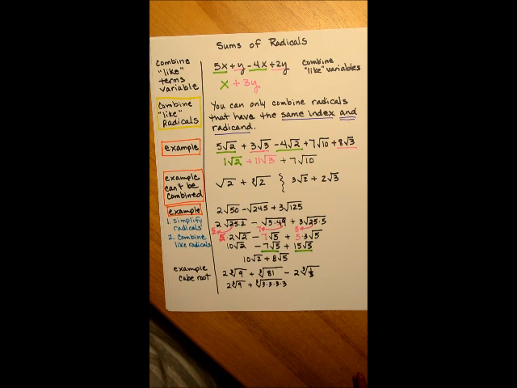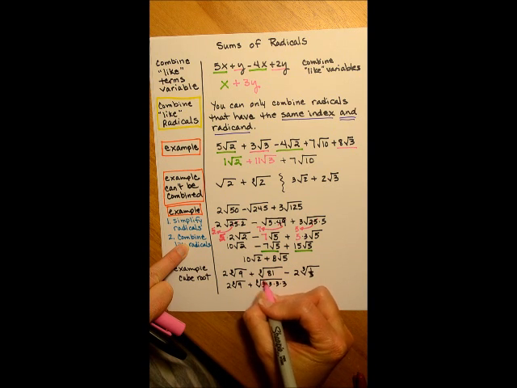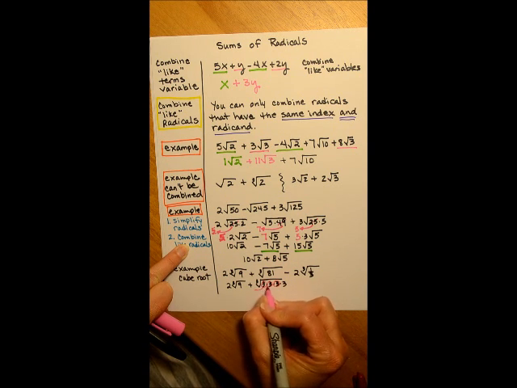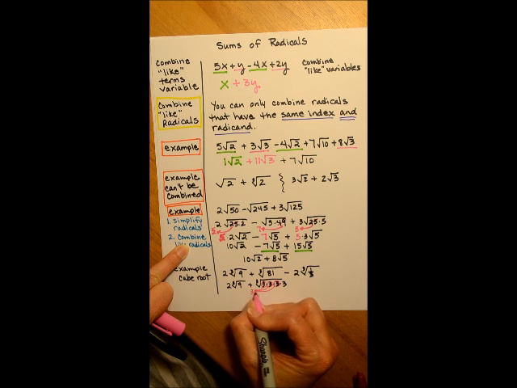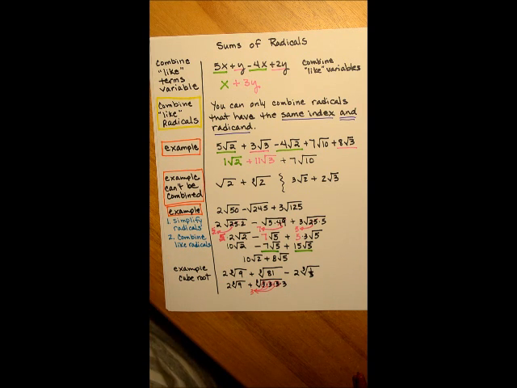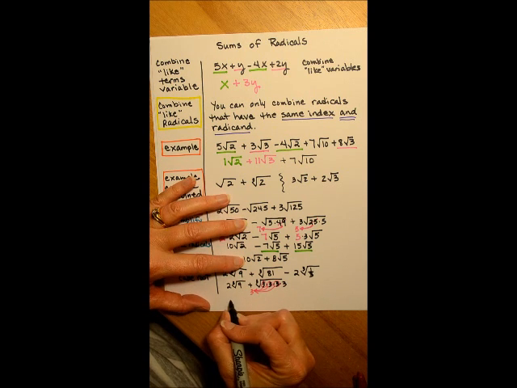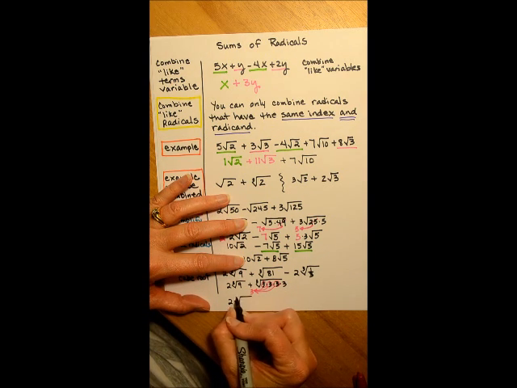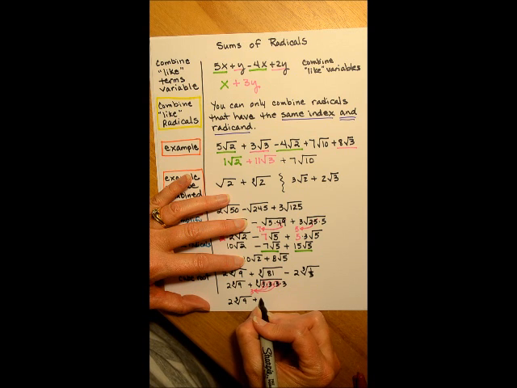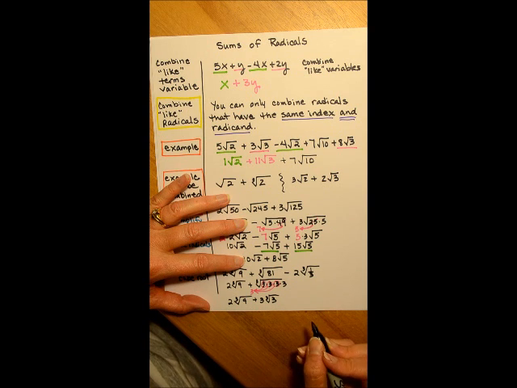So what I can do is grab 3 of these guys, 1, 2, 3, put them all together, and I can bring out a 3. So now what I have is 2 cube root 9 plus 3 cube root 3.